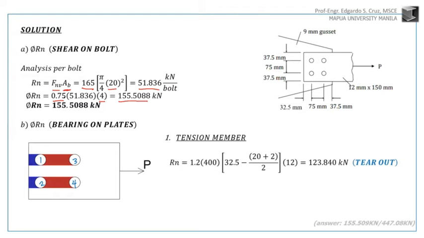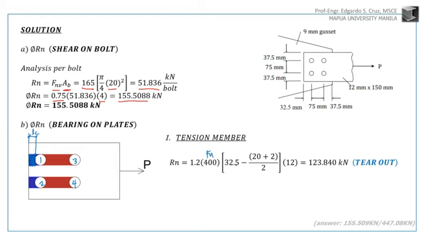For tear out, this is what will tear out at bolt number 1, the blue shaded part. I don't know if you can see what I shaded. This is its Lc. From here to here is the Lc that I need. So 1.2 times Fu. The Fu here is for the tension member, 400.